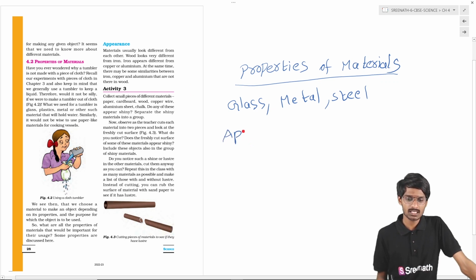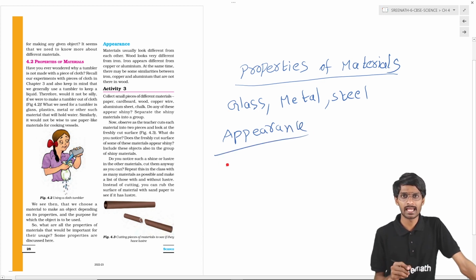Our first property is appearance. If you see wood and if you see iron, both look different. Both do not look the same. But iron, copper and aluminum look the same.